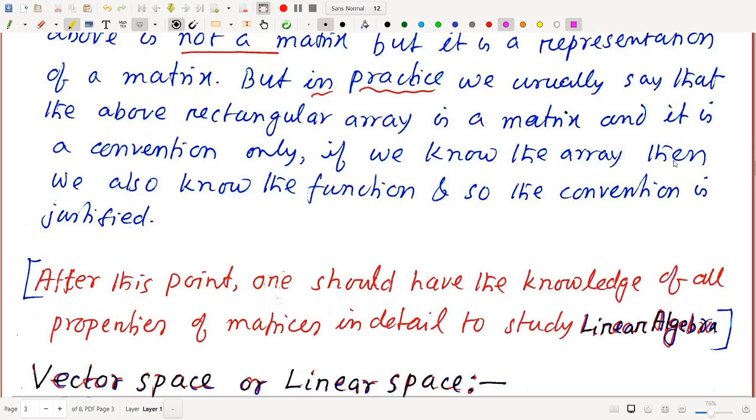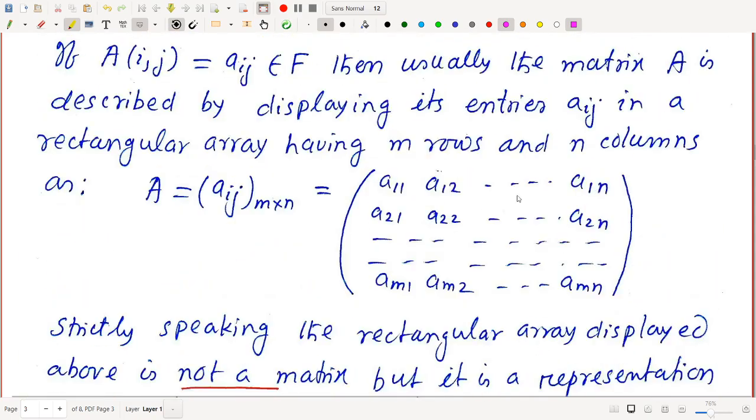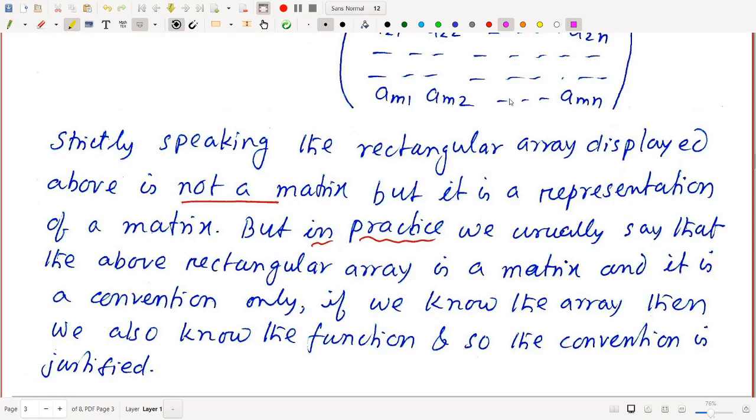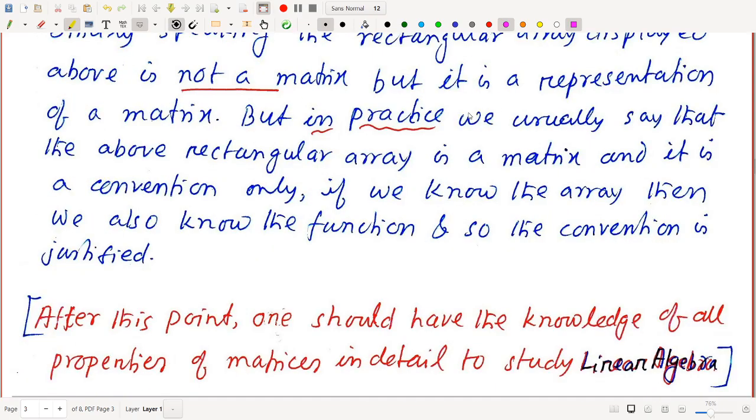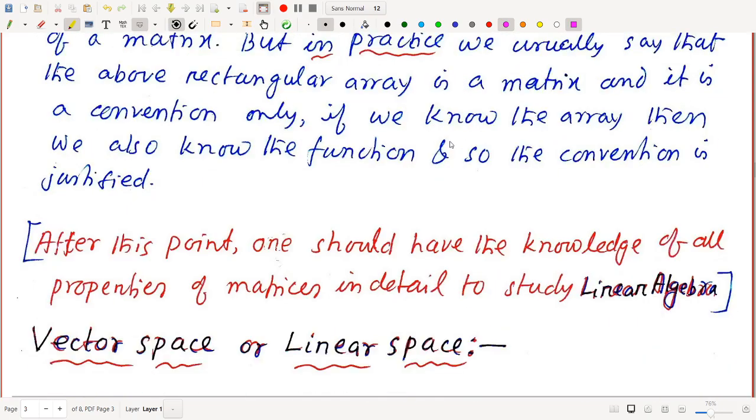If we know the array, then we also know the function, so the convention is justified, because knowing all elements means we know the images of all ordered pairs under A. That's why we know A, and that's why this representation itself is called a matrix.